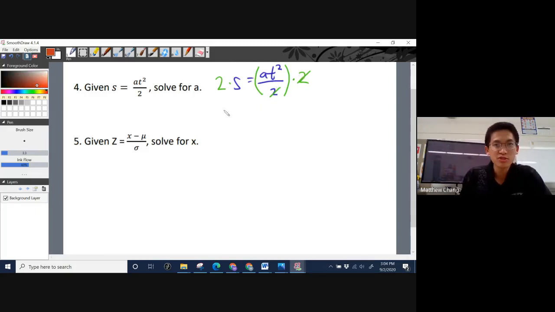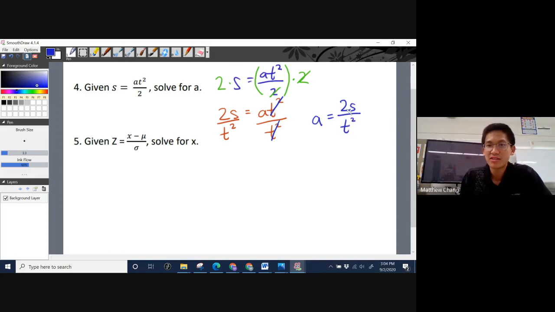So we have 2 times s equals a times t squared. To further isolate a, we divide both sides by t squared. That cancels out, and we're left with a equals 2 times s divided by t squared.